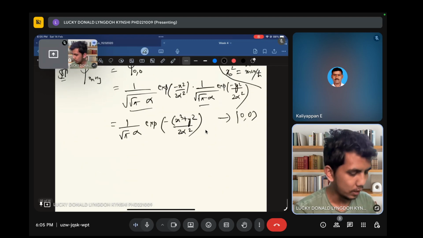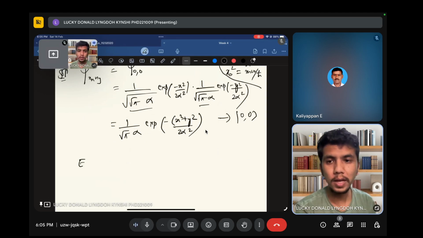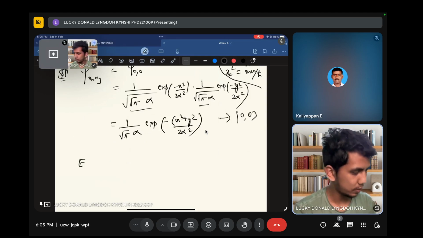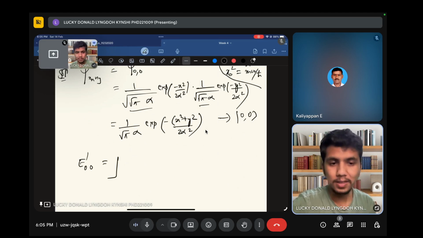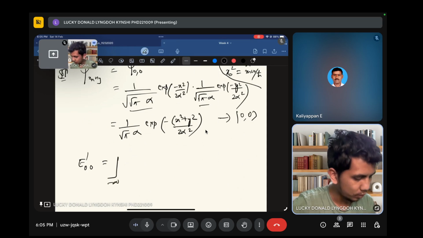Now again you have to find the first order energy correction for this particular state. So E1 0 0, right? That is the energy one. Again you are taking dx dy, because it is two-dimensional. You get minus infinity to plus infinity of dx, minus infinity to plus infinity of dy, something like psi 0 0 star, the perturbation potential, psi 0 0 dx dy.